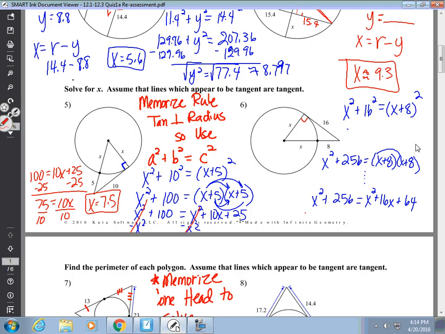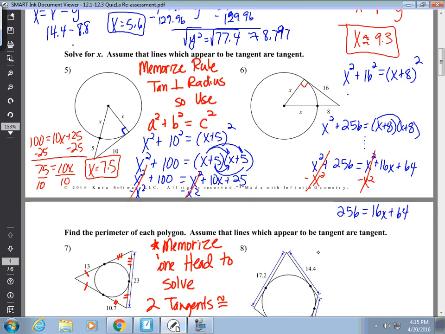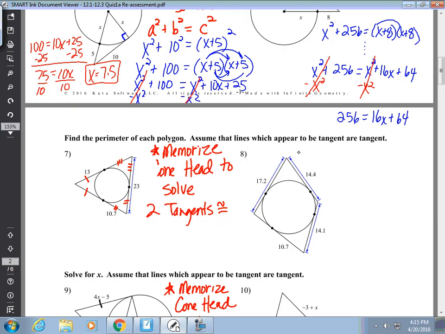And then you're going to subtract your x squares, which will cancel out, leaving you a linear equation of 256 equals 16x plus 64. Solve for x, which I know you can do. And if you solve it correctly, you should get a whole number answer greater than 10 or less than 15. That's your clue.